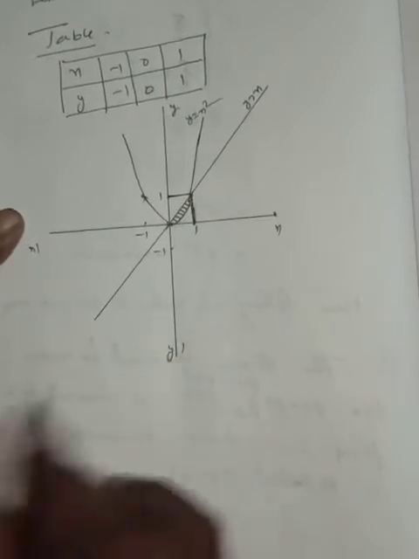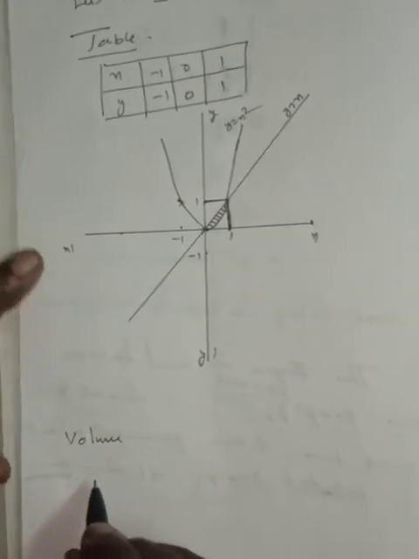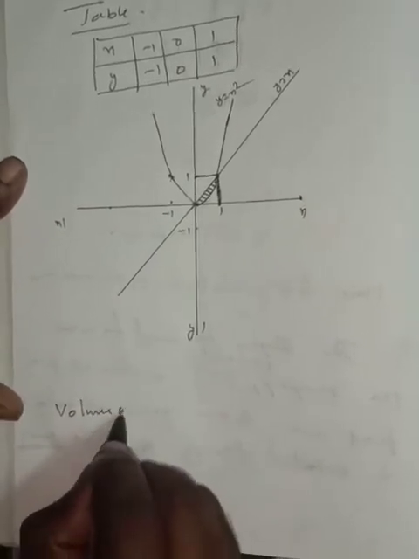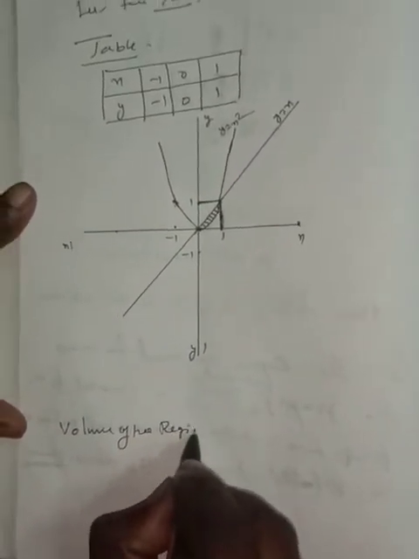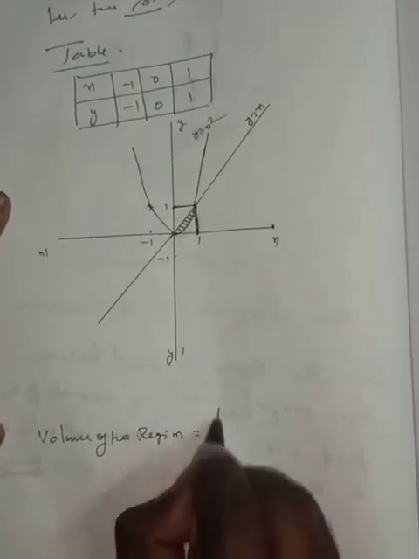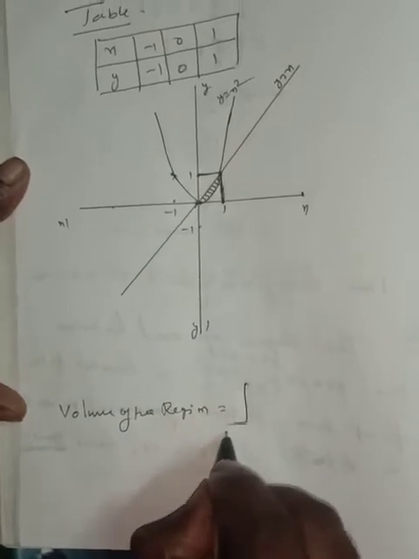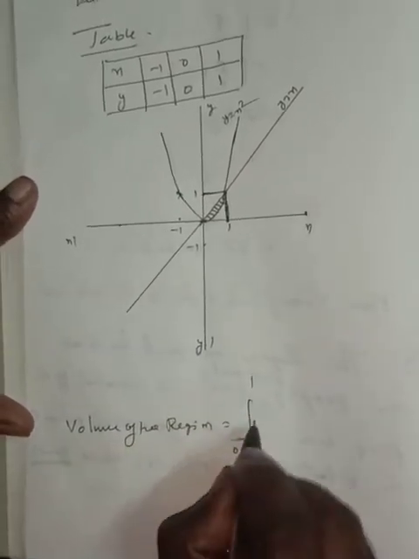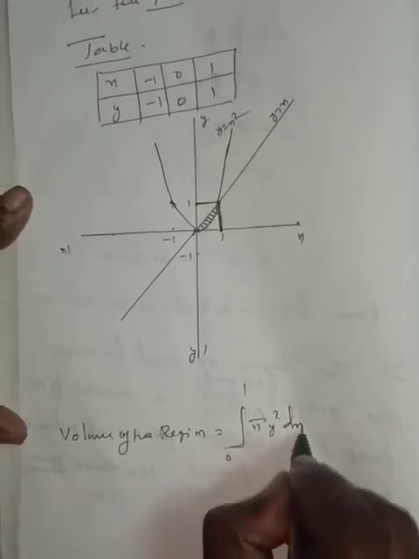Now the volume of the shaded region is equal to the integral from 0 to 1 of pi y square dx.